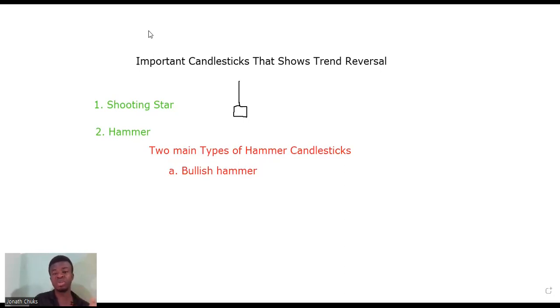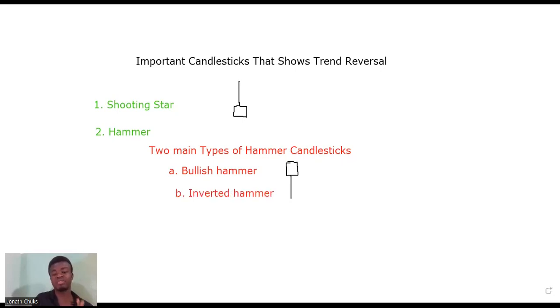You know what bullish is all about? Uptrend. So the bullish hammer is exactly like this. You can see the diagram just this way. Don't worry, we'll still go to the chart and I'll show you all these things very well. So this is how the bullish hammer looks.